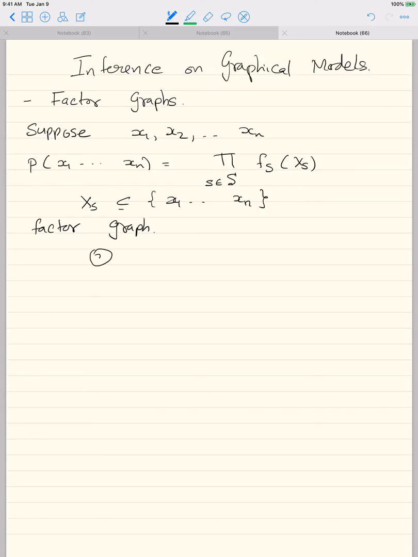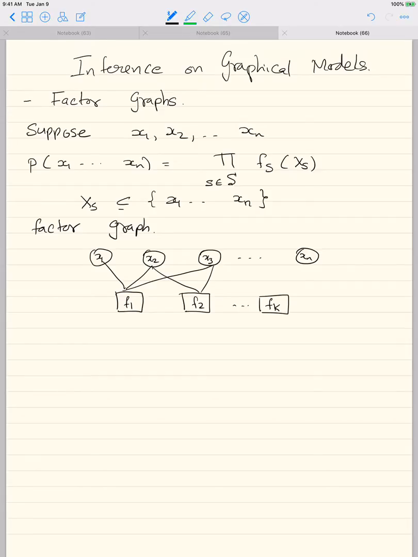So we will have these n random variables x1, x2 up to xn, and we will have a factor node associated with each term. So f1 might be associated with some nodes, f2 might be associated with some nodes, and so on.